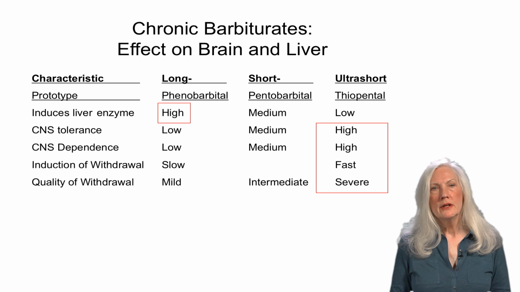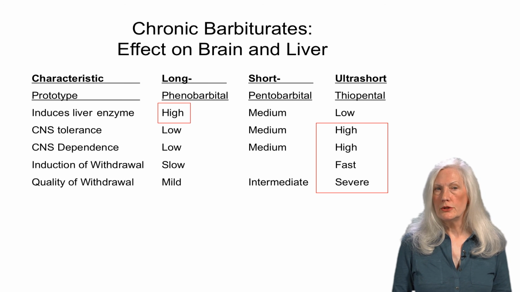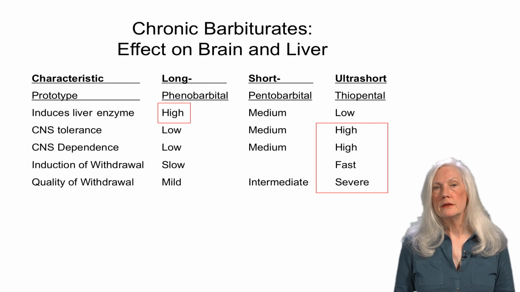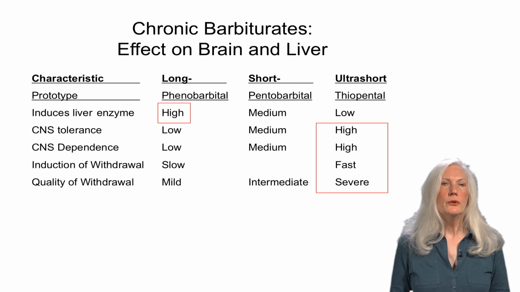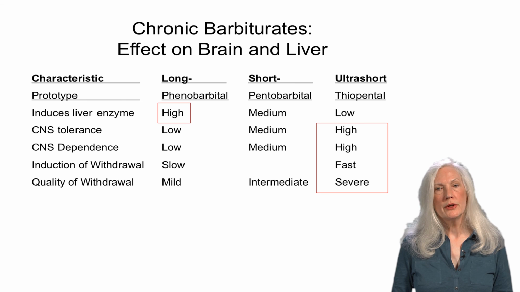In animals, the significance of this is that hyperexcitability and seizures, two withdrawal signs, are more likely during recovery from an anesthetic episode during ultra-short-acting compounds usage than after long-acting, less lipid-soluble compounds.